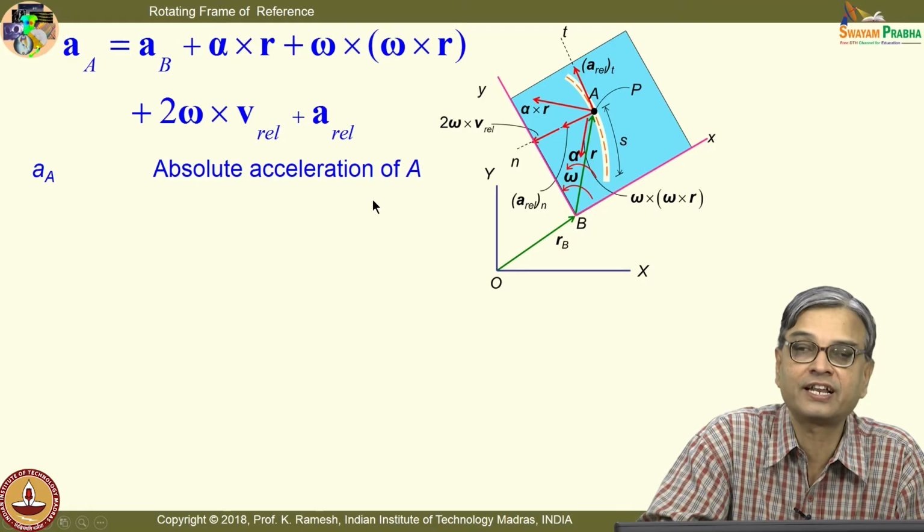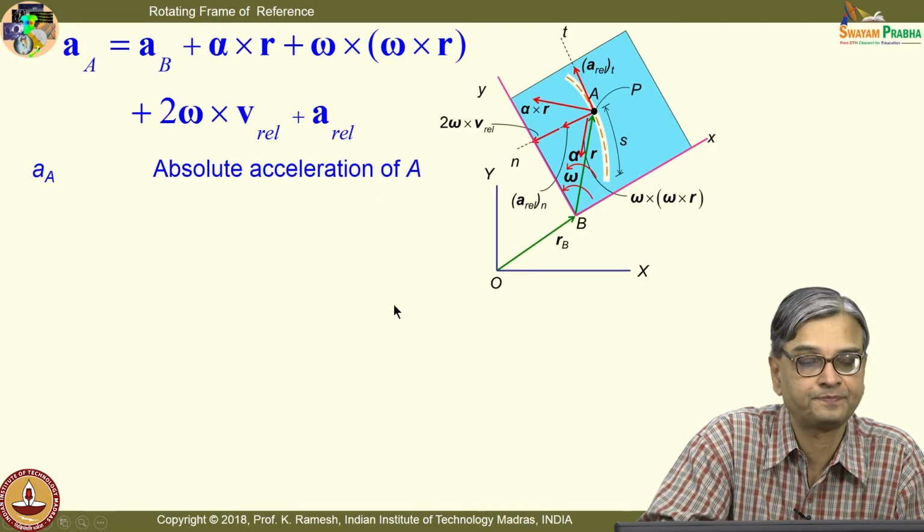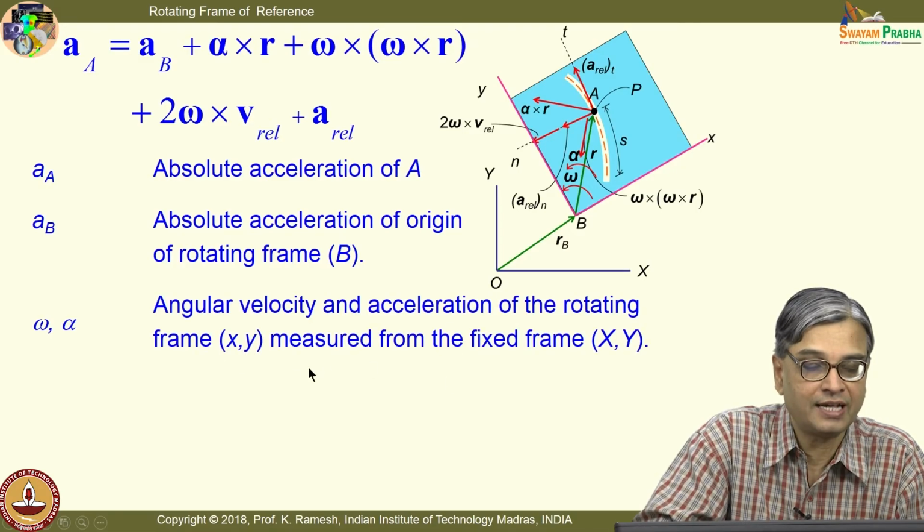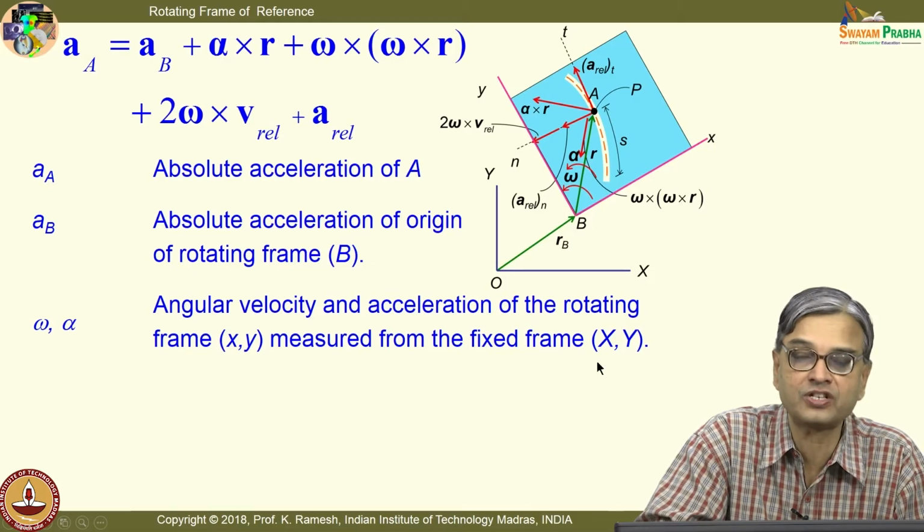This is the absolute acceleration of point A, and this is the origin of the rotating frame, the absolute acceleration of the origin of the rotating frame, and omega and alpha are the angular velocity and acceleration of the rotating frame measured from the fixed frame.